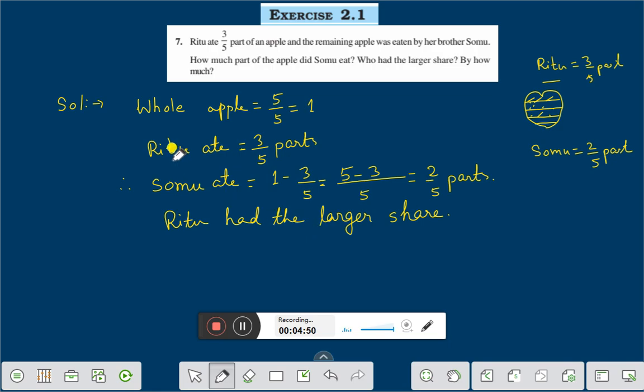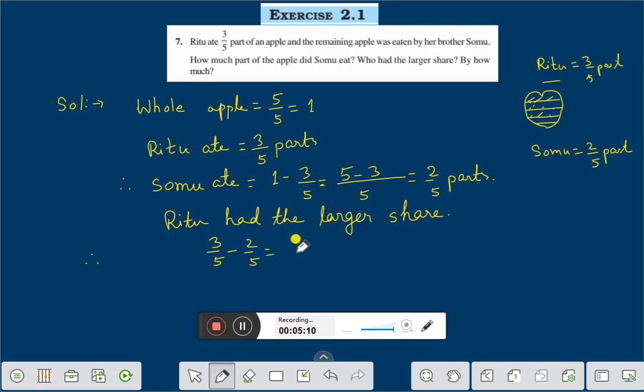Therefore, Ritu has the larger share. You have to subtract Shomu's part from Ritu's part, right? By how much? Therefore, you have to subtract this part, that is 3 by 5 part minus 2 by 5.